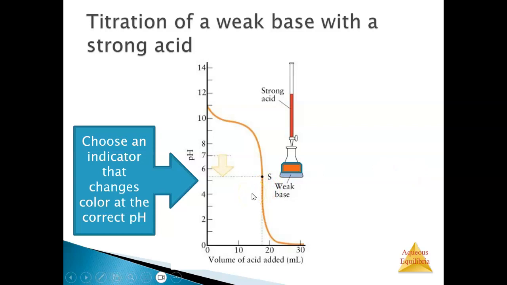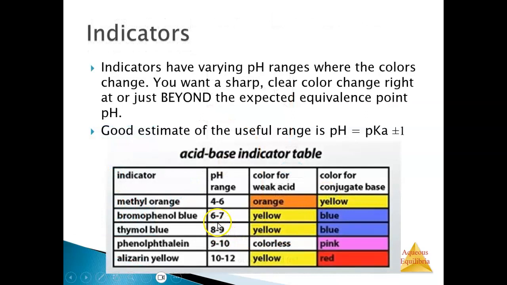So I want to choose an indicator that's going to change color at a little bit less than 5.5 because I want to make sure my color changes after my equivalence point pH. So if we go back and we look at our chart, the only one that would work well for me would be methyl orange in this situation because all of these other ones change color too early.